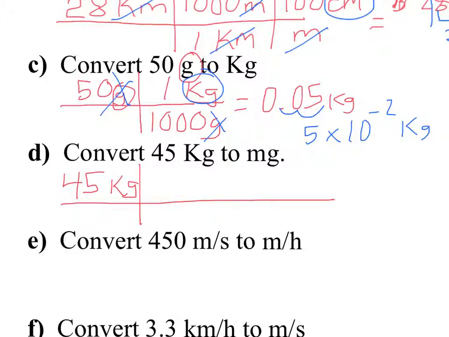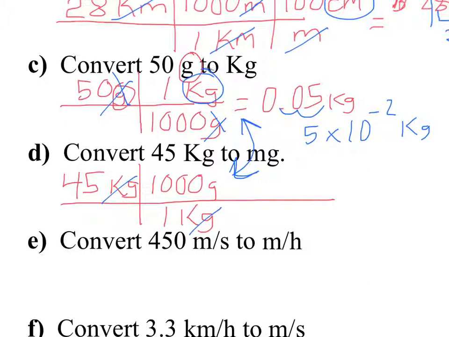We're going to do it the same way that we did before. We're going to say that there are 1,000 grams in 1 kilogram, and that way we can cancel kilograms. Look at how this unit conversion factor and this one are the same, but upside down.